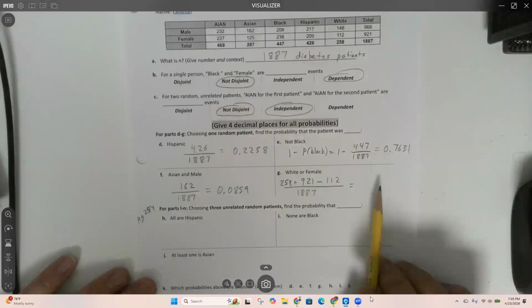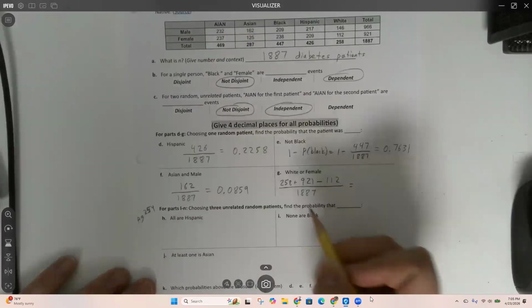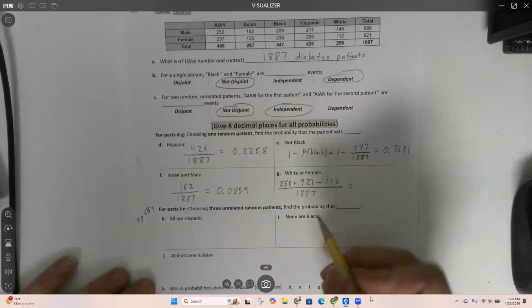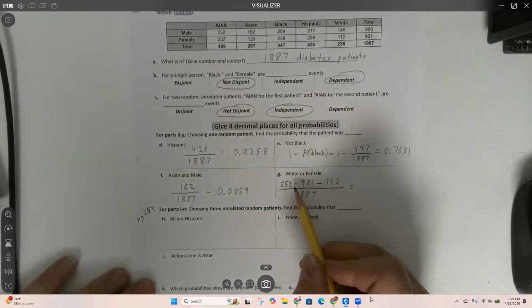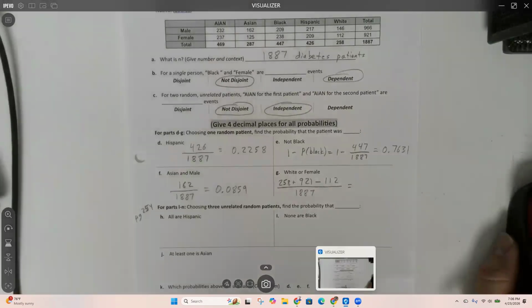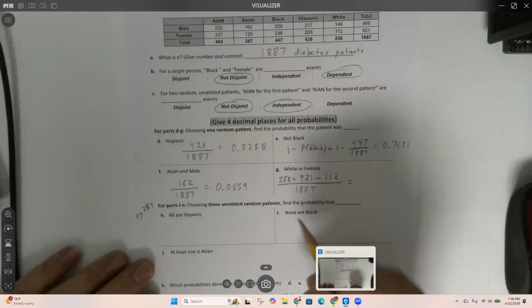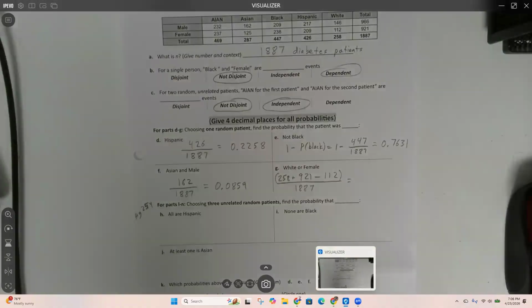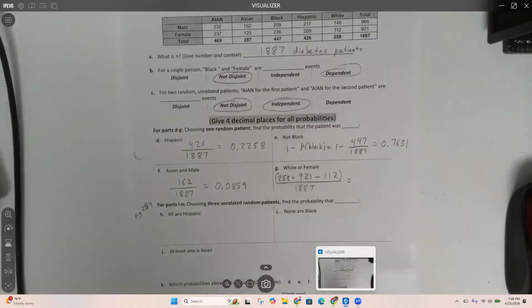Put that in your calculator. To put this in the calculator, do we need parentheses or not? Mike says no and yes. Yes, you need parentheses around the numerator, if you're going to type it in like this. If you want to write it as three separate fractions, you can. It's just a lot more typing. Type the number 1887 three times.